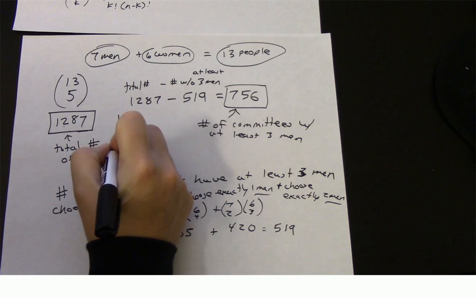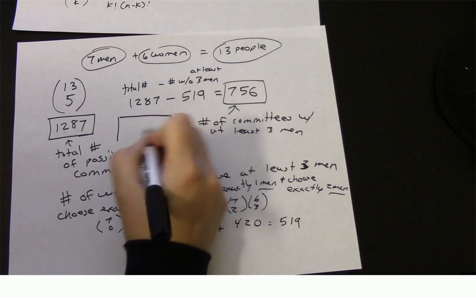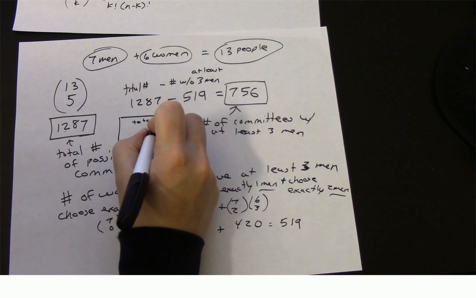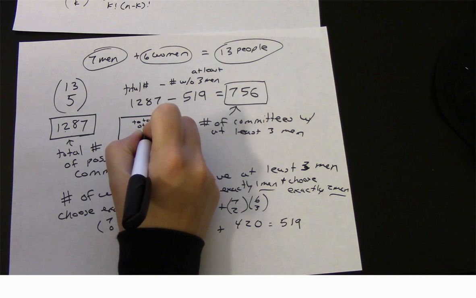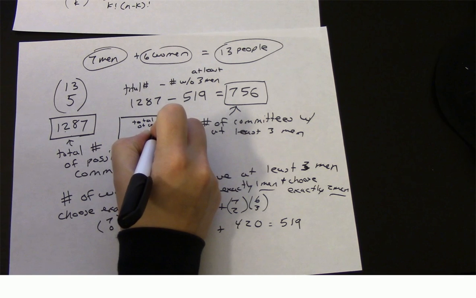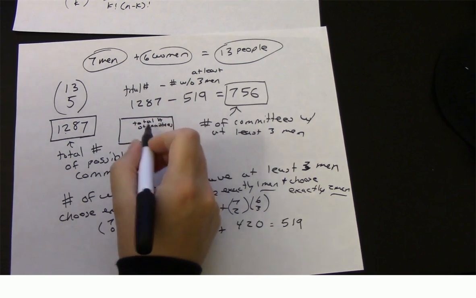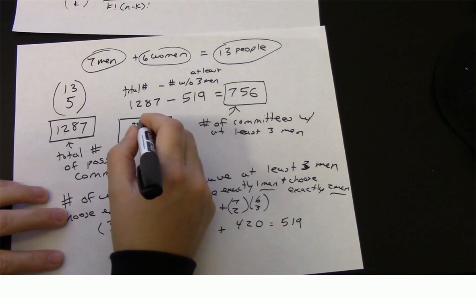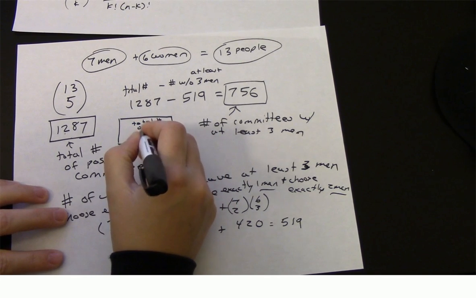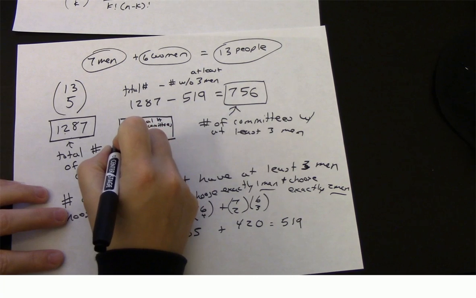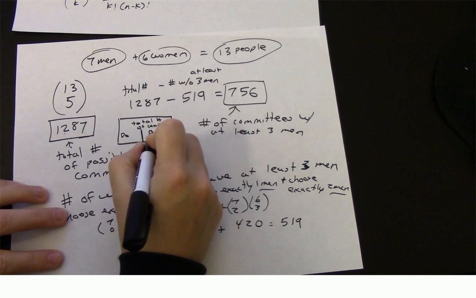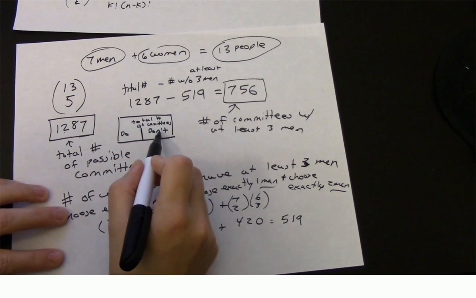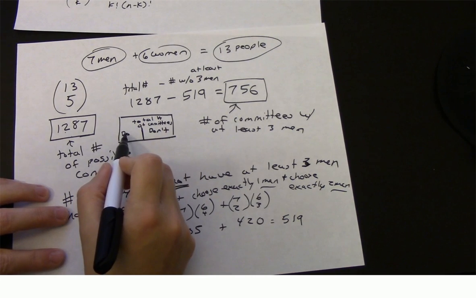We have the total number of committees, and some of them have at least 3 men and some of them don't. So either you do or you don't. If you take the total and subtract off the don't, then you get the do, right?